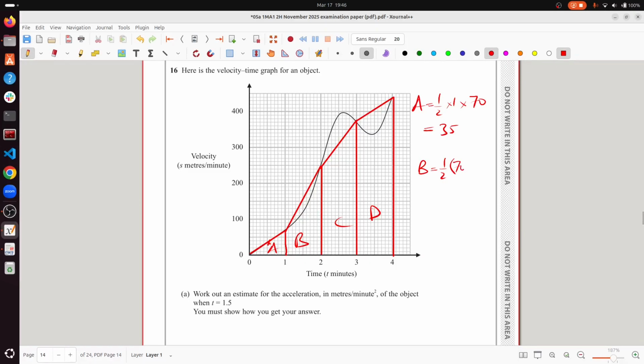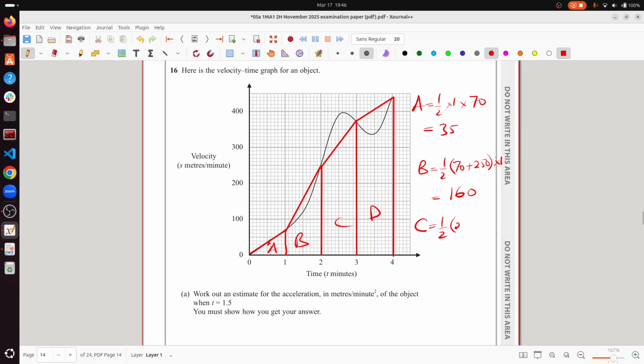So that's 70 plus, next one there is 250 times by the height, which is also 1. So I have that as 320 divided by 2. So that's 160.